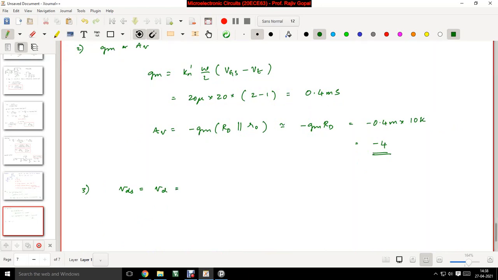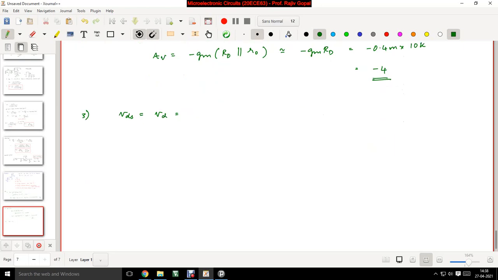If you draw the sine wave, this is capital VGS, so it will be like this.